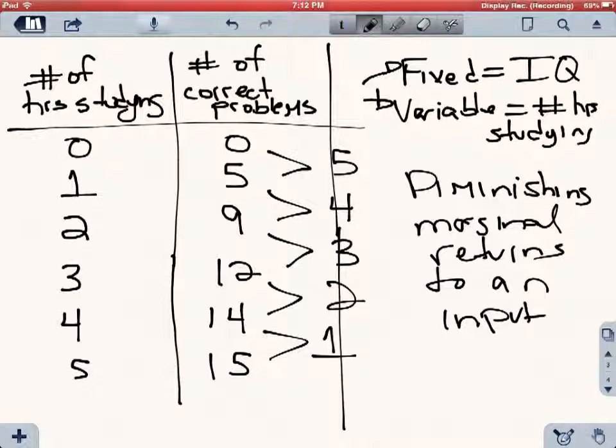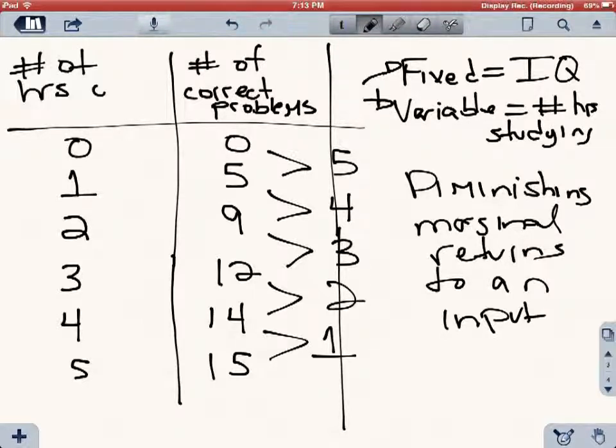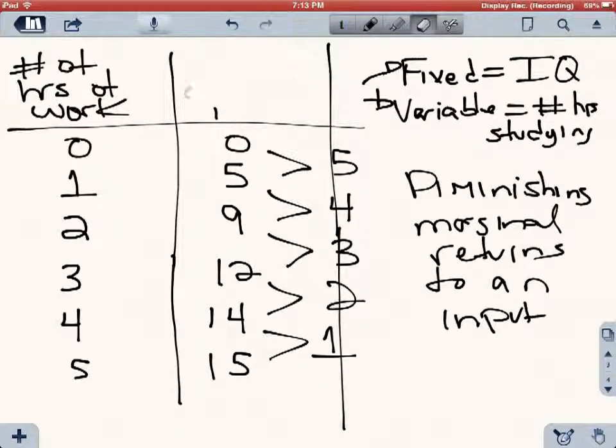And we see this in any kind of situation. For instance, this could be the same way in which if you have a pizzeria, the same way you will see if you have the number of hours of work. And this could be, let's say, the number of pizzas you produce, right?